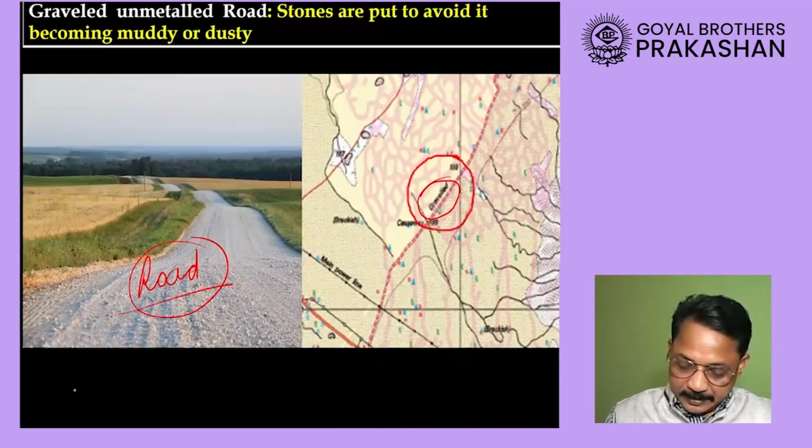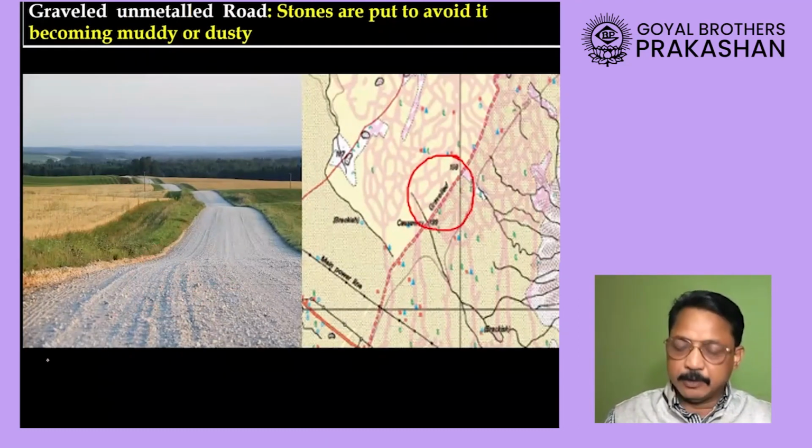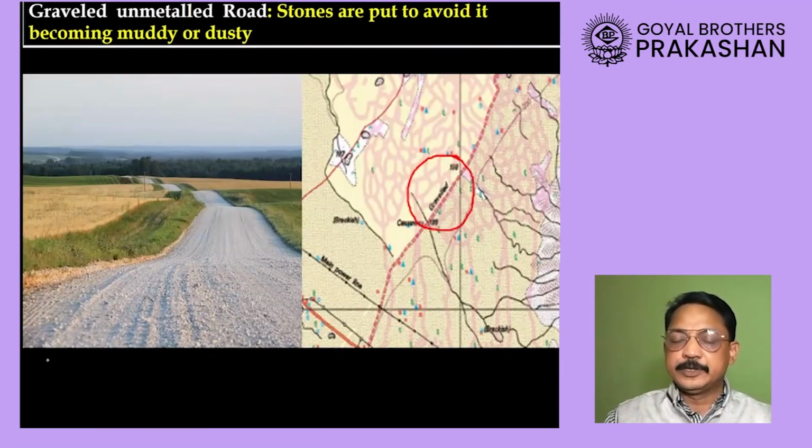They lay the gravel in order to stop too much dust, and in rainy season the road will not become marshy or muddy. It will last a longer time. That's why such a road will be gravelled.